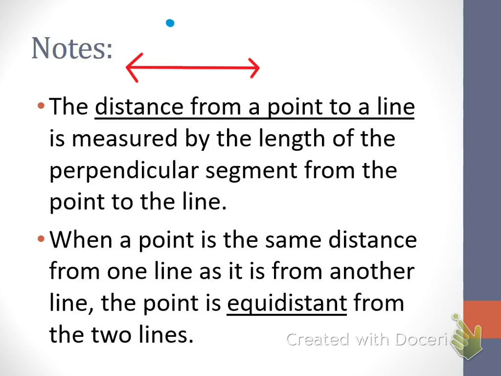We could take this path here and get to my line. We could take this one over here, get to the line. But the one that is defined as the distance is the one that is from the point perpendicular to that line. So this one is the only one that's considered that distance.